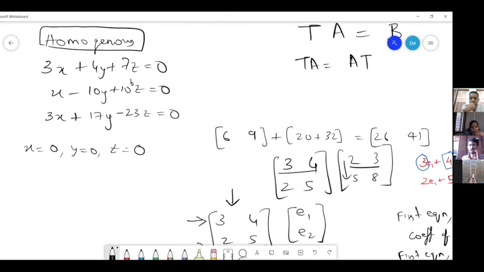Right. So someone is saying that there could be other non-zero solutions, but do you agree? Do you think that there could be other non-zero solutions for this homogeneous system? Yes, there could be. Okay, then first we will try to construct an example of a homogeneous system where it has solutions other than the trivial solution.